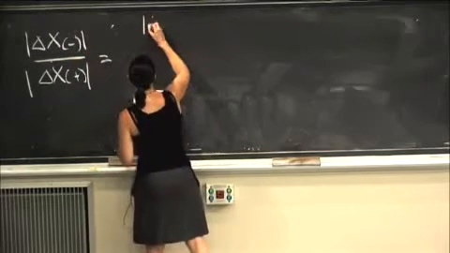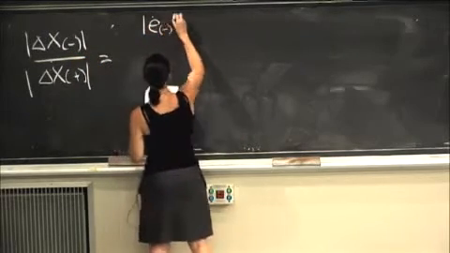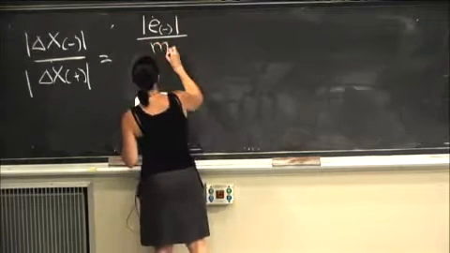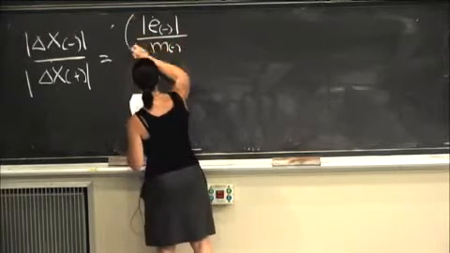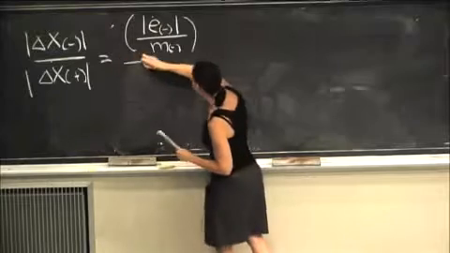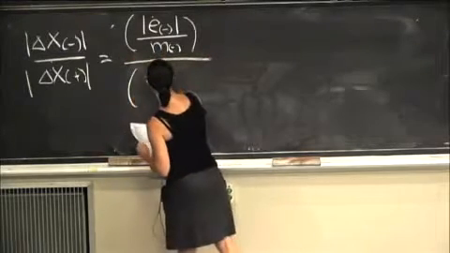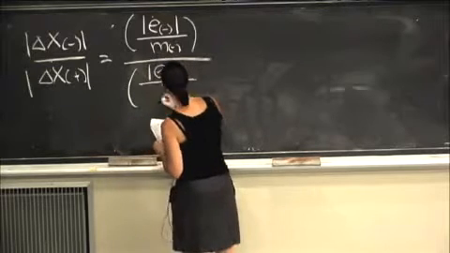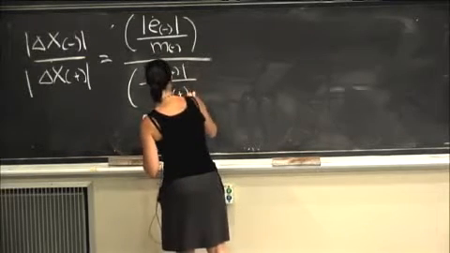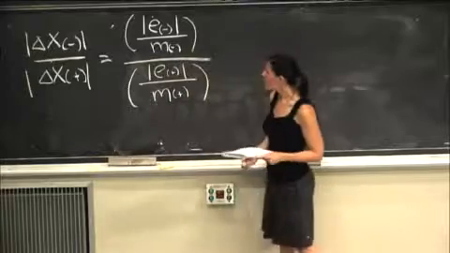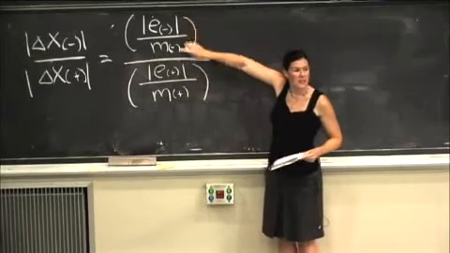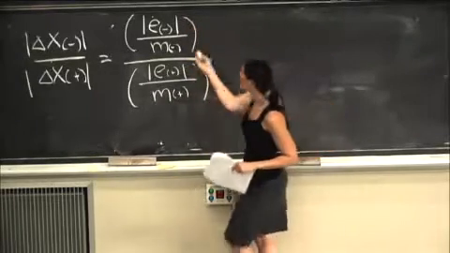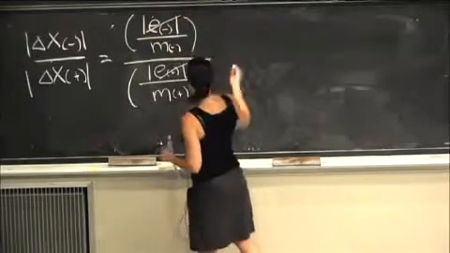So that's just the absolute value of the charge over the mass of the negative particle. He could divide all of that by the absolute value of the charge of the positive particle all over the mass of the positive particle. And as we said, he made the assumption that those two charges were equal. So we can go ahead and cross those right out.